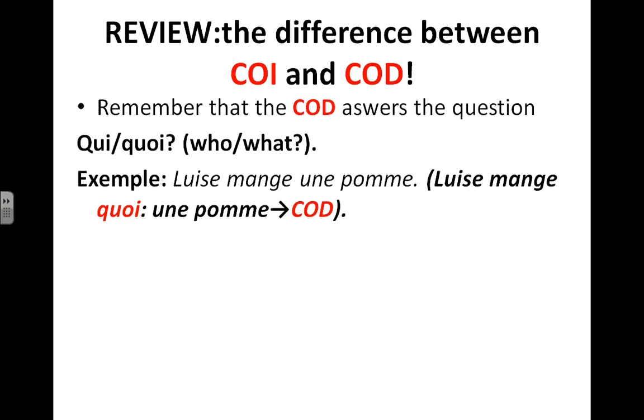So Louise eats what? An apple. That's your question, and that's what I mean by answering the question qui, quoi, who, what. When you answer that question, it's a complément d'objet direct. Okay?